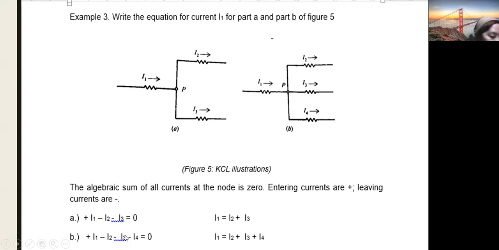Again, the question for John John and Eric: why is I1 in A and B positive, whereas I2 and I3 are negative, also here in letter B?